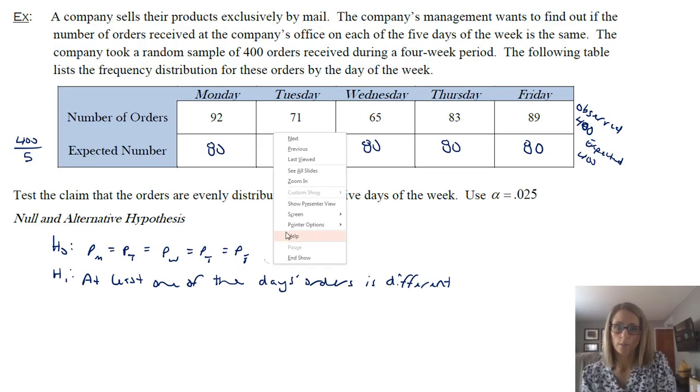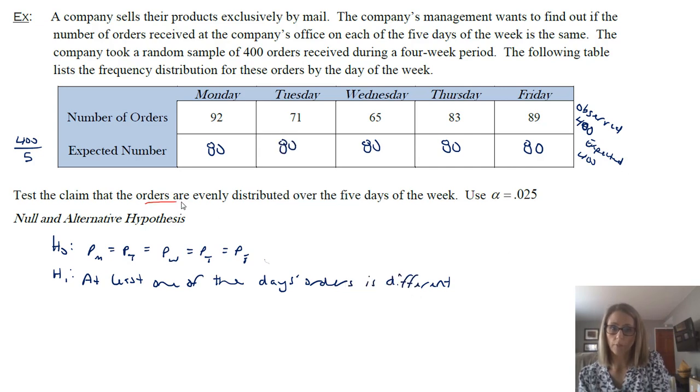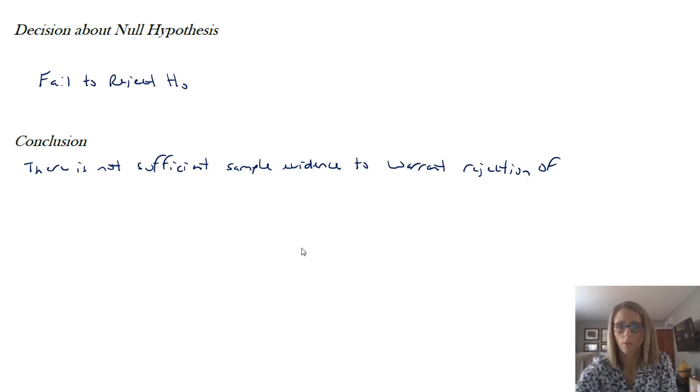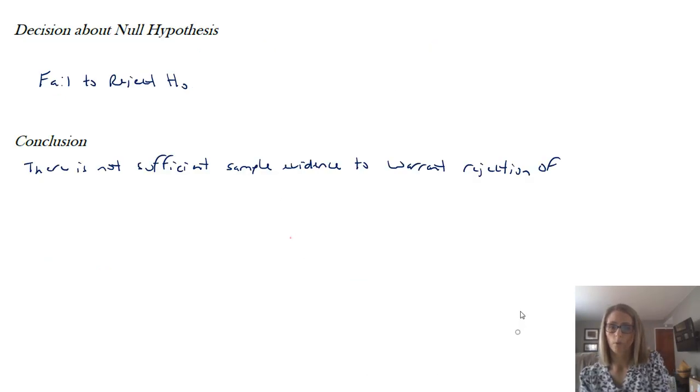So notice the claim is that the orders are evenly distributed, and this is when the orders are evenly distributed. So this is our claim. So very common for these, for the claim to be the null.